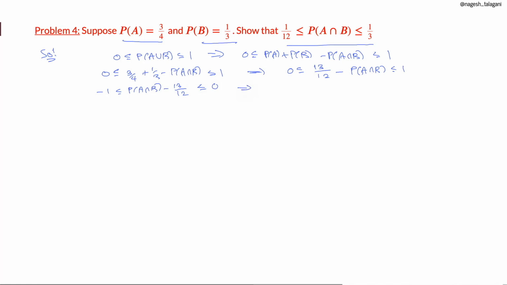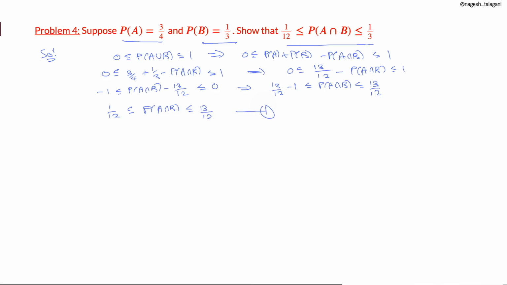Now if we add 13 by 12 to each side, 13 by 12 minus 1 is less than or equal to the probability of A intersection B, less than or equal to 13 by 12. Now this is going to be 1 by 12 less than or equal to the probability of A intersection B, less than or equal to 13 by 12. This is one relation we got.